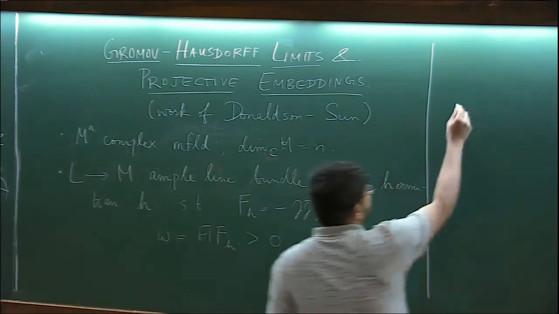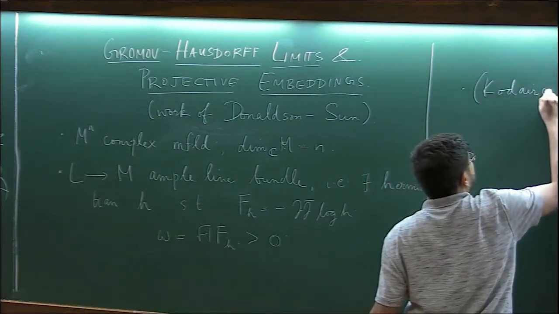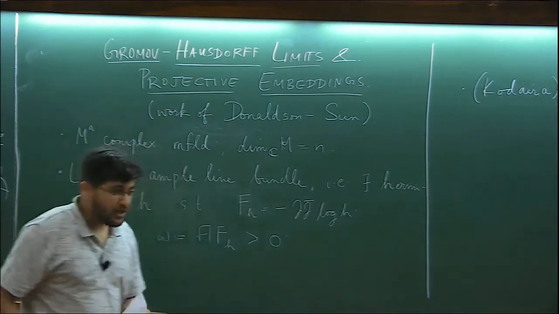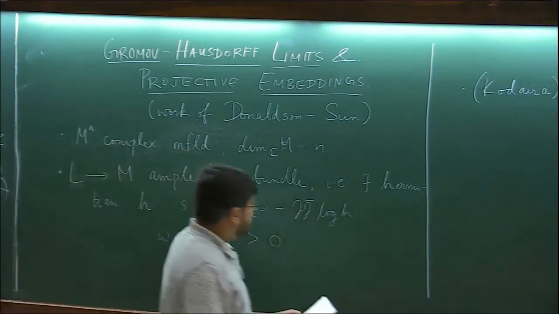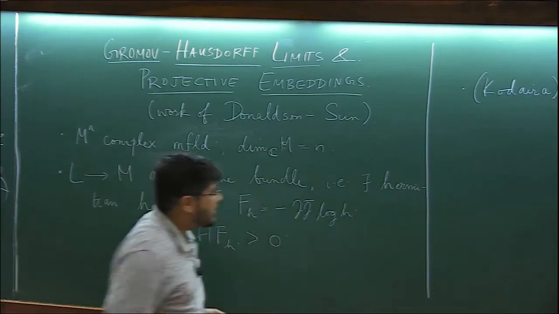And then there's a classical theorem due to Kodaira, which I guess Vamsi must have talked about last week, which essentially says that if you have this package of an ample line bundle on a complex manifold, then that manifold ought to be projective, right?